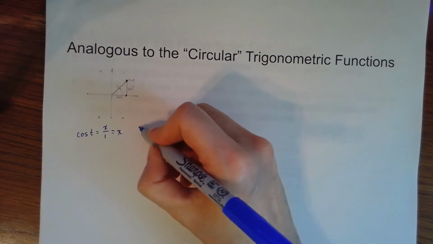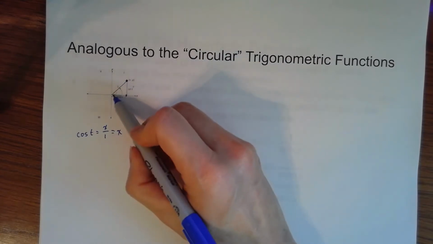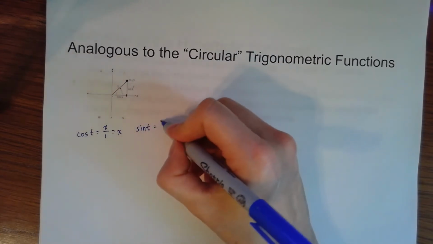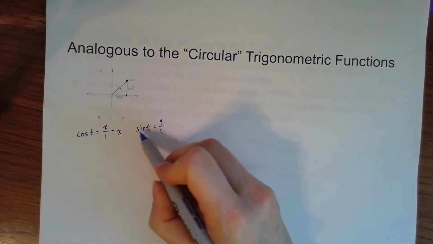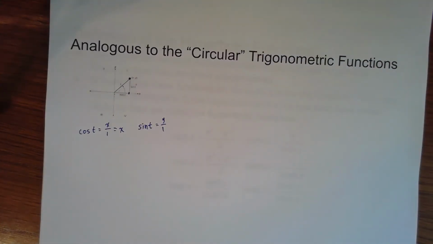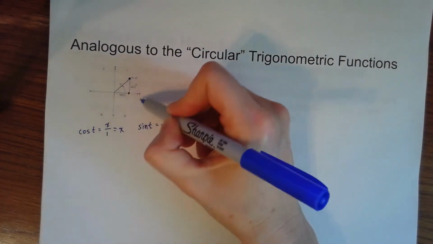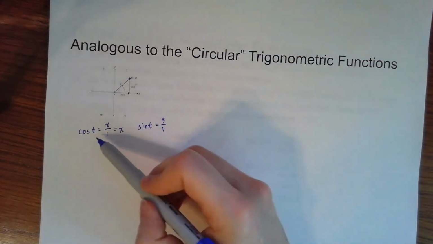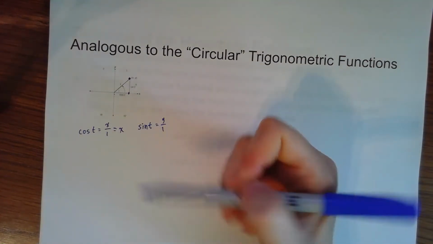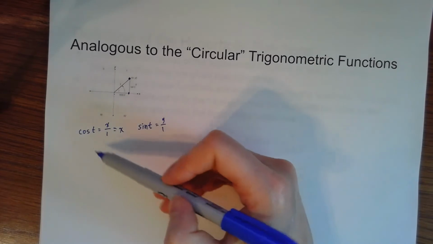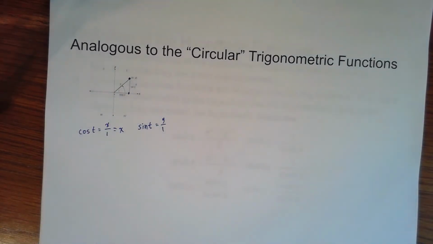So the sine of the angle t is opposite, which is y, over hypotenuse of 1. So y is really just the same thing as the sine of t. So every single point on the circle, if I pick some angle t, the coordinates of that point are going to be cosine of the angle for the x-coordinate and sine of that angle for the y-coordinate.